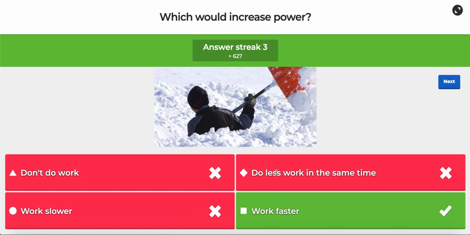Working slower or doing less work in the same time would be lower power, and not doing work is no power. So think about a person shoveling a driveway. There's a certain amount of work involved with that. And so the way that the person can increase their power is by working faster or shoveling more of the driveway in the same amount of time.